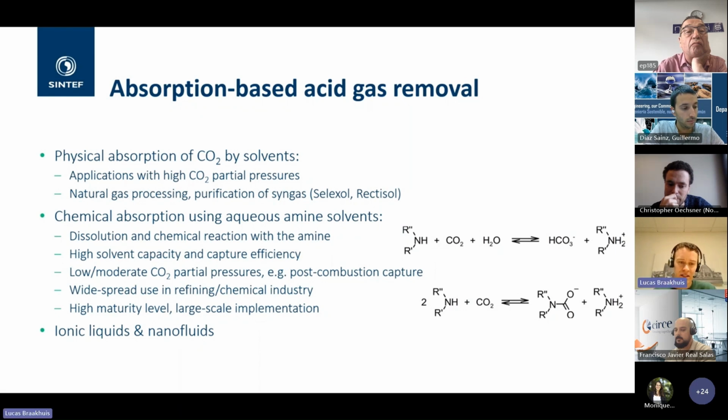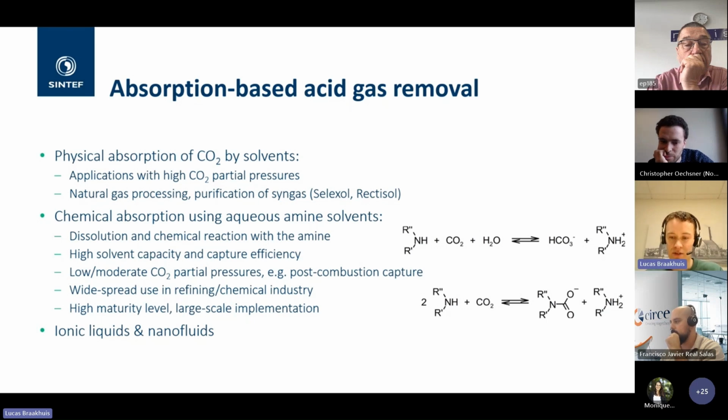And then on the other side, there's these chemical absorption solvents. And this mainly consists of aqueous amine solvents. And I've given 2 reactions on the side to see how these solvents interact with the CO2. So in the first reaction, you can see that the CO2 dissolves into the amine and it forms a carbonate, and this carbonate is stored.